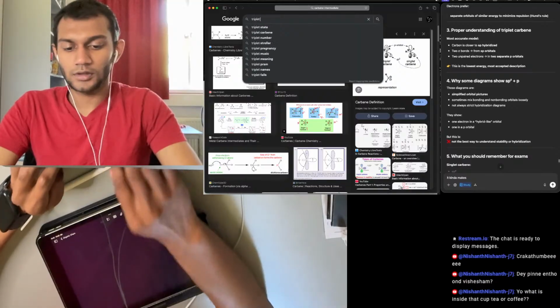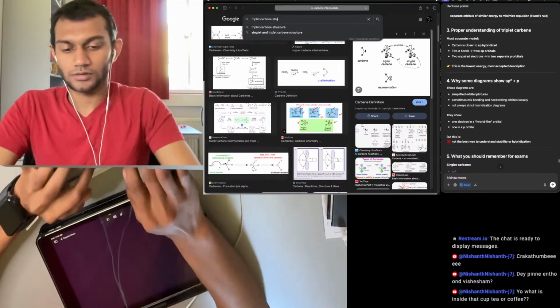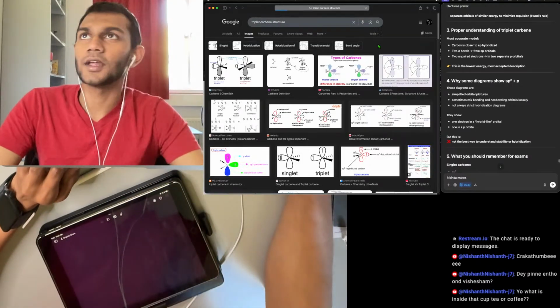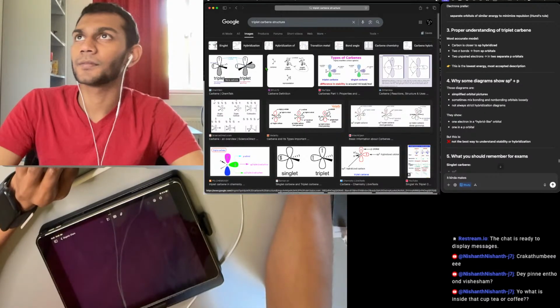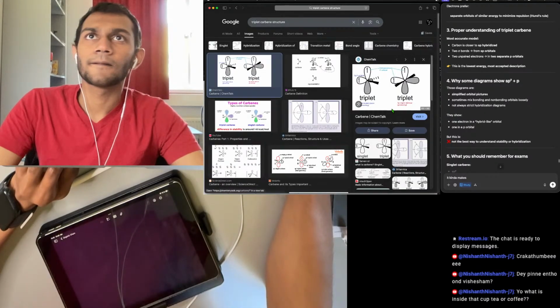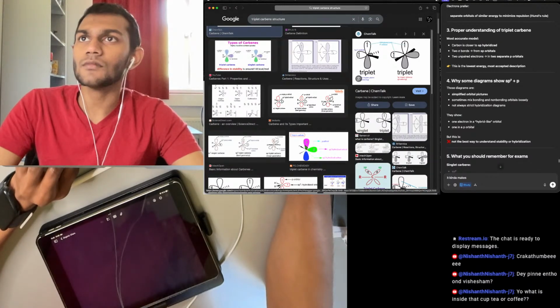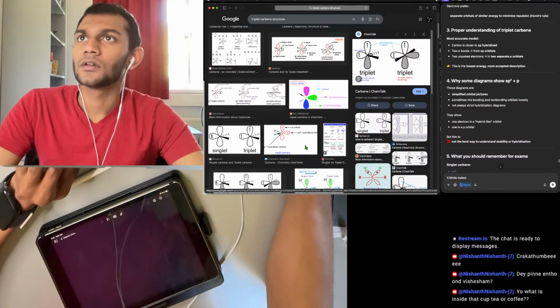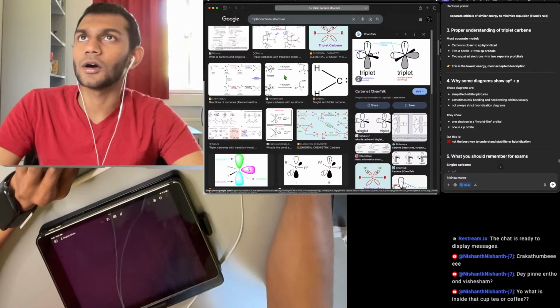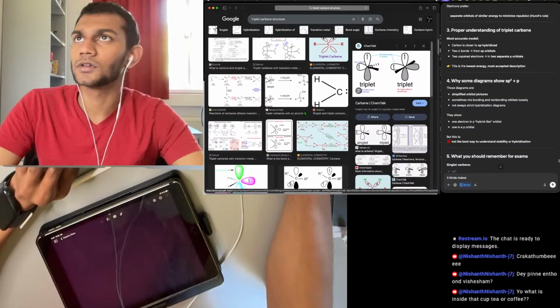Triplet carbene structure. I'm getting too invested in this. Not even a single one showing opposite p orbitals being filled.